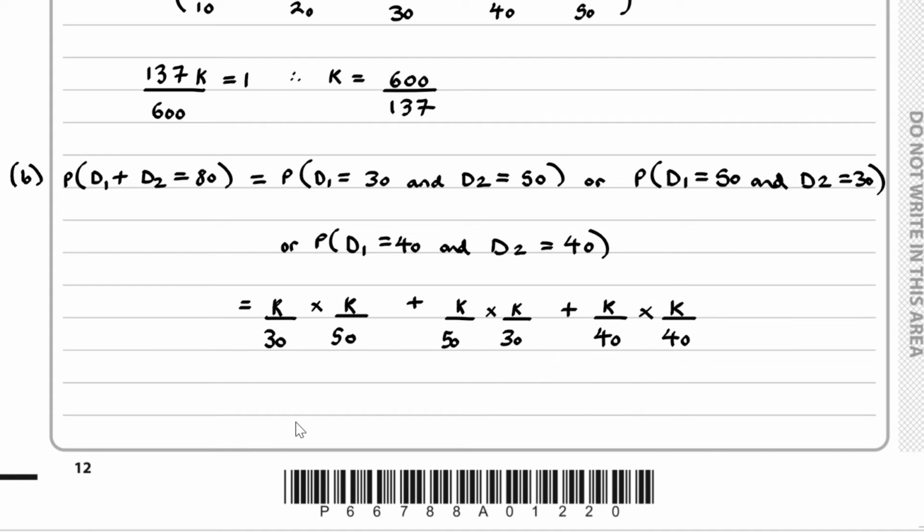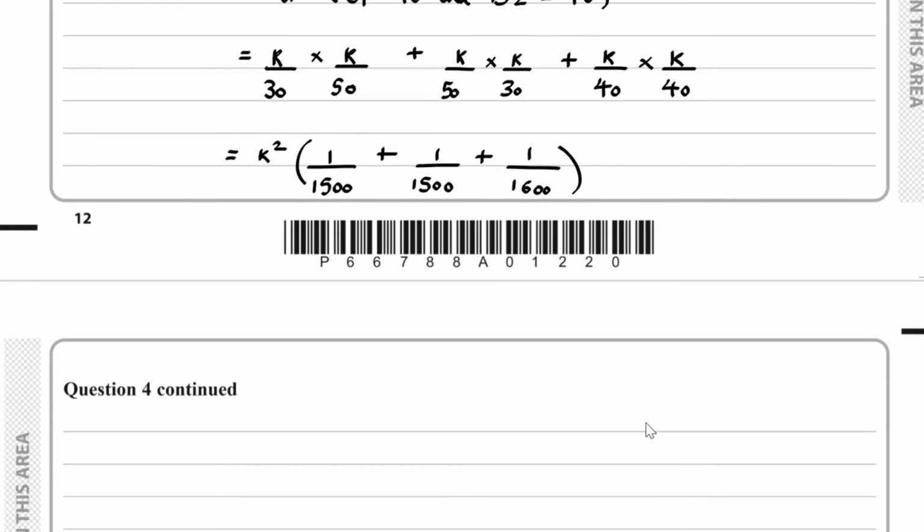So if we get an expression in terms of k, if I factorise out a k squared, we have over here k squared lots of 1 over 1500 plus 1 over 1500 plus 1 over 1600. And of course the way I got that was I noticed k times by k gives the k squared, and then 30 times by 50 and the 50 times by 30 gives the 1500, and 40 times by 40 gives this value over here.